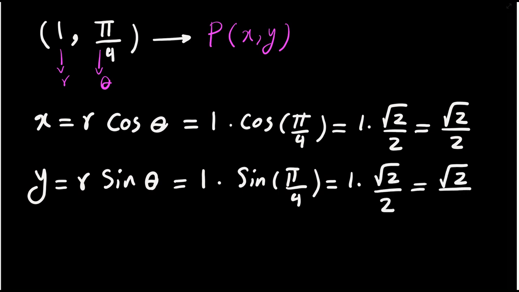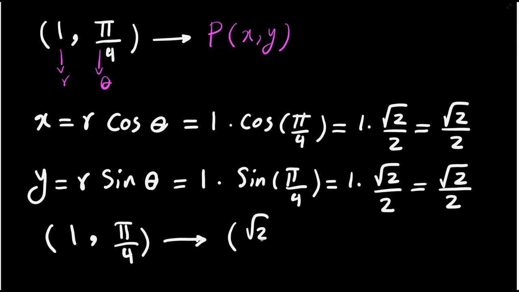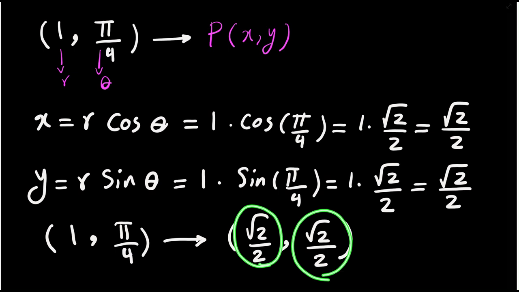So the point (1, pi over 4) in Cartesian coordinates is (square root of 2 over 2, square root of 2 over 2). If you look at x and y, you see these two are equal to each other.